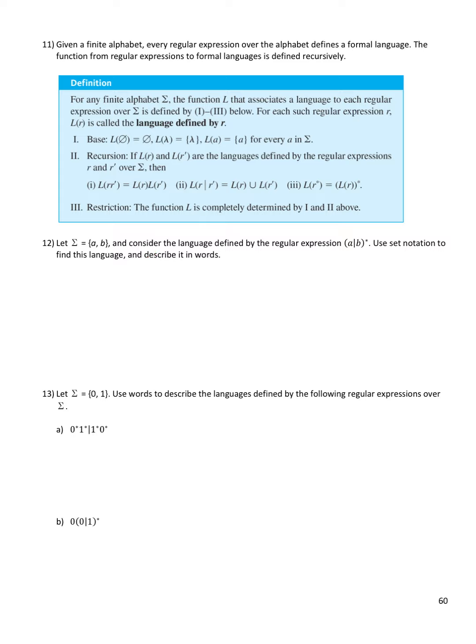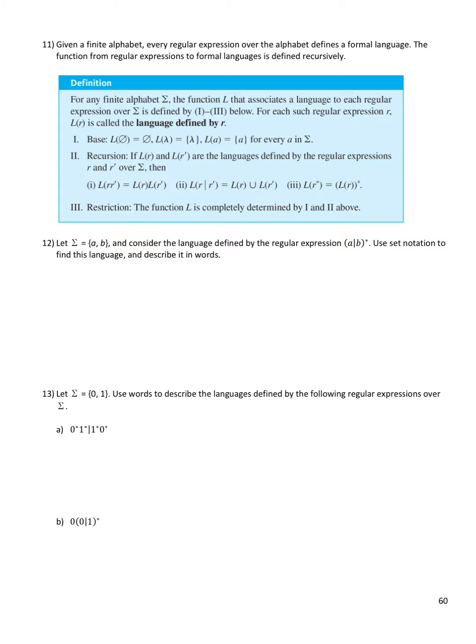So let's do an example with this. I have a basic alphabet, just the letters A and B, and I want to consider the language defined by the regular expression (A or B) star. So A or B, and then the closure. I want to use set notation to find this language and describe it in words.